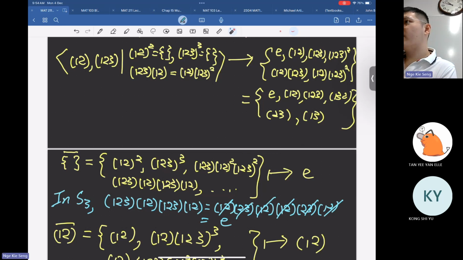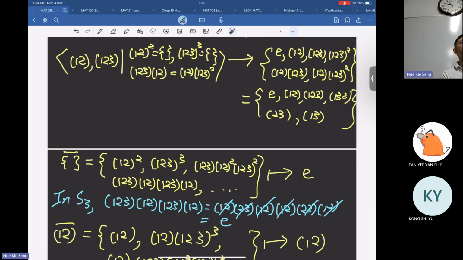Is there a more formal way to understand this thing? A more formal way to see that it is equivalent to G. Okay.